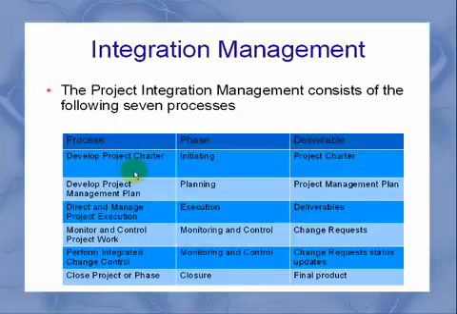So when you are at the beginning of the project, you go through the project initiation phase, and in that phase the process is the develop project charter process, and the deliverable for that process is the project charter.